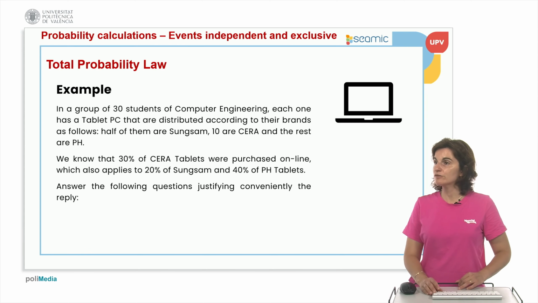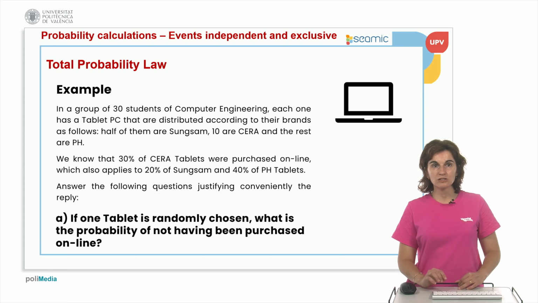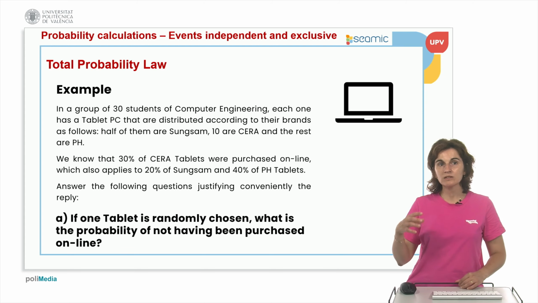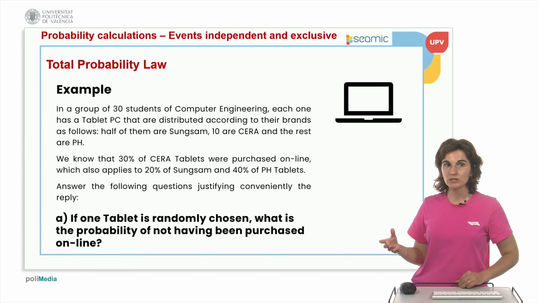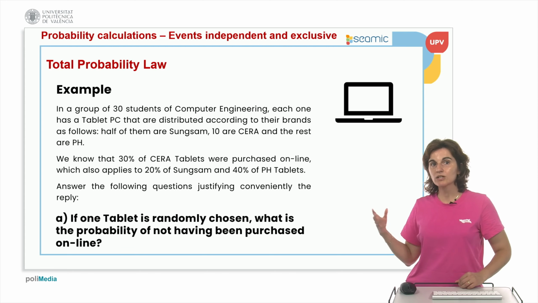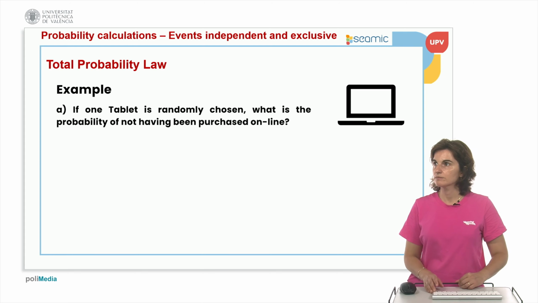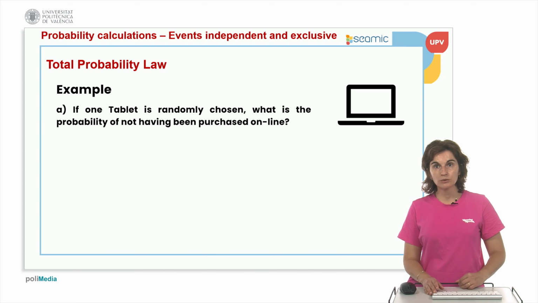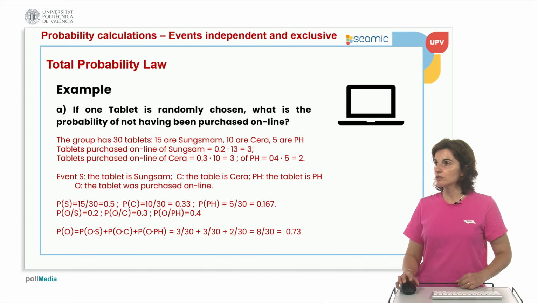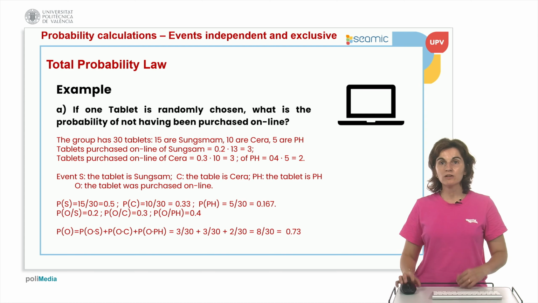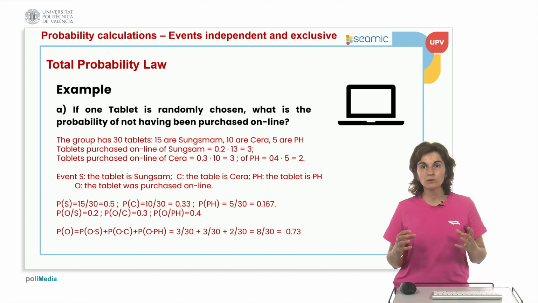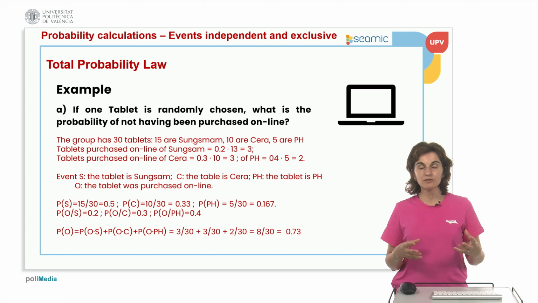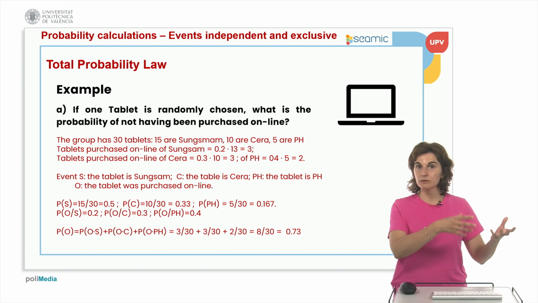So, knowing this information, we need to answer this question. If one tablet is randomly chosen, what's the probability of not having been purchased online? This is the question that we need to answer, and to do so, first of all, we will convert. It's very important that we translate the information that was given in the description of the problem into numbers.